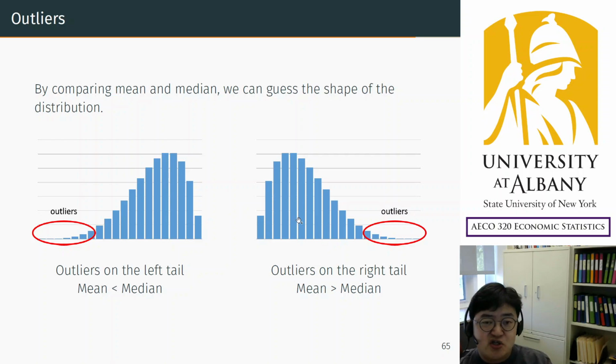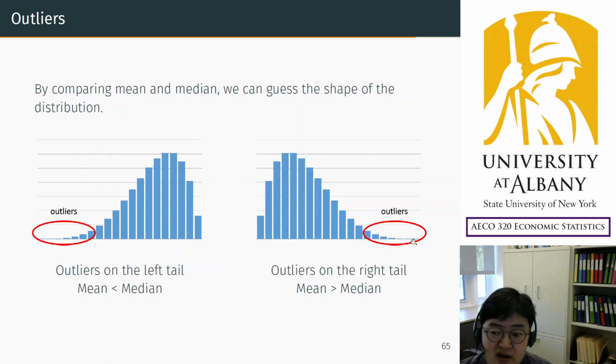And in general, by comparing the mean and the median, we can infer the shape of the distribution, right? When you have this kind of shape, we say the left tail is long, and in that case we have outliers on the left tail, and the mean is smaller than the median, because the outliers on the smaller side are extremely small observations, and they drag down the mean more than the median.